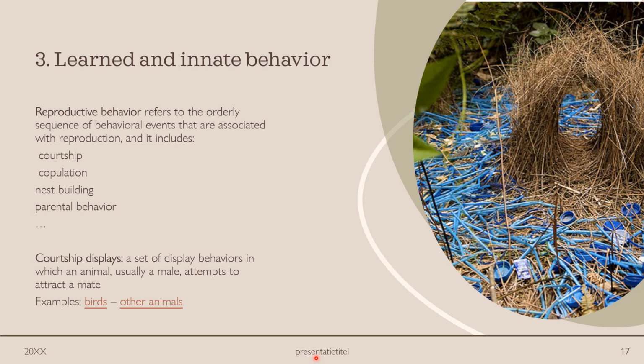There is also an example of sound, like an auditory signal that some animals use to attract the female. Like I can sing the most beautiful song and the female will be attracted to that. So there are many different kinds of courtship displays.